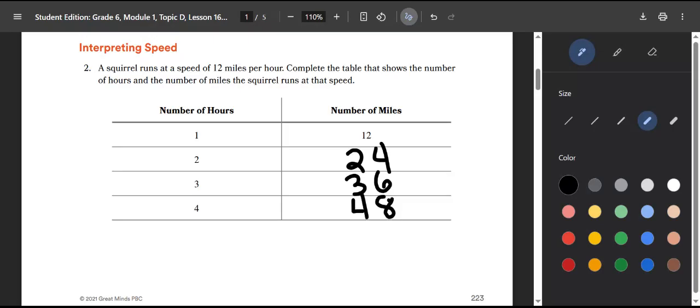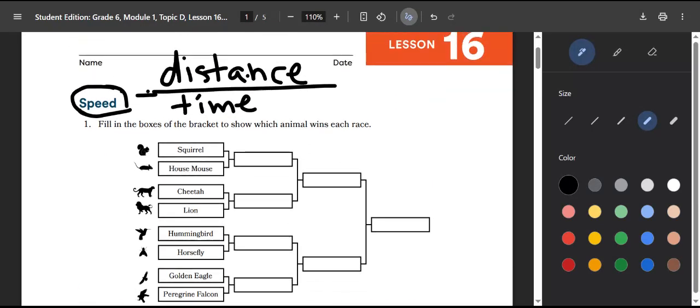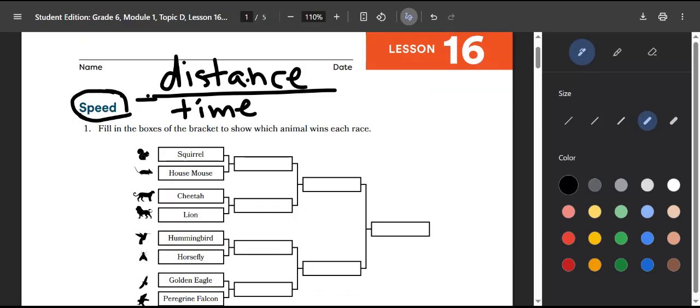Super easy. The number of hours went in consecutive order, and then the number of miles are just multiples of 12. And it is miles per hour. So if you look back at what I wrote here, where I said that speed is distance over time, the unit of measure that we used for distance for number 2 was miles, and the unit that we used for time was hours.